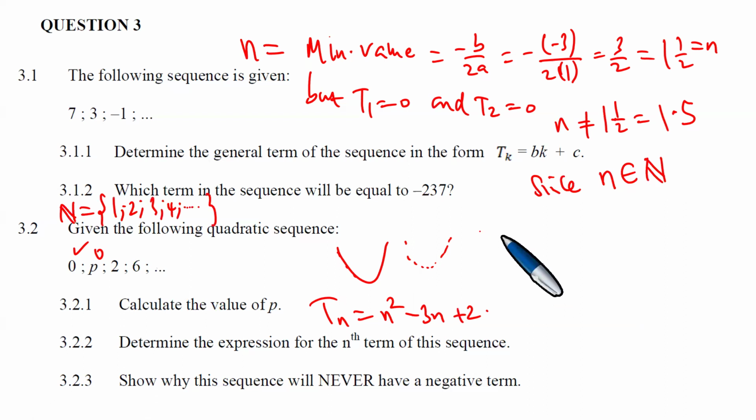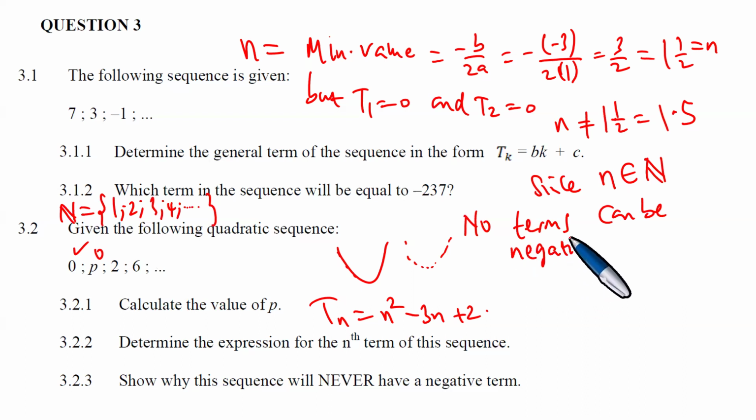Right, so because of that, we conclude therefore that no terms could be negative. Because we want to get n. And always to get n, we use this formula, because this graph is like this.